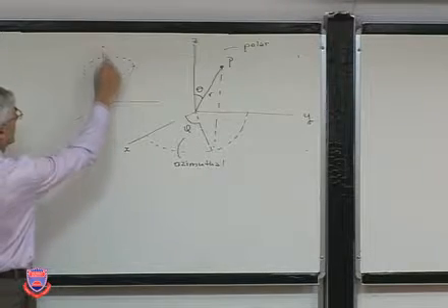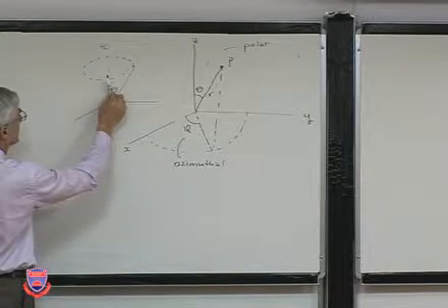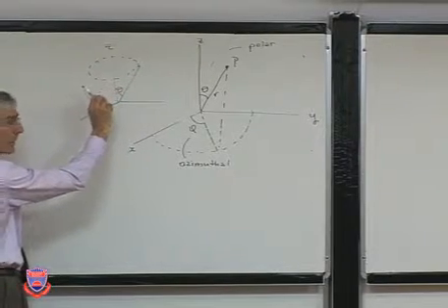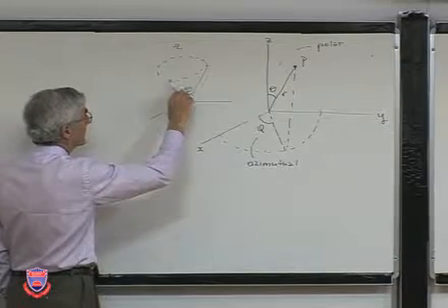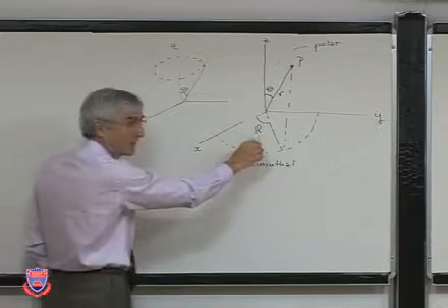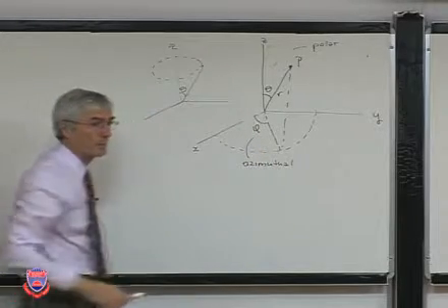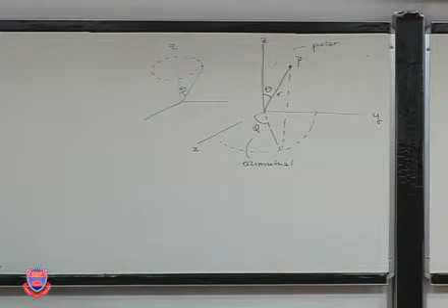It's an angle with respect to z, and it can move all the way around. And a particular point on the circle is then defined by phi. Okay? And of course the distance would be r itself. You see what I'm getting at?